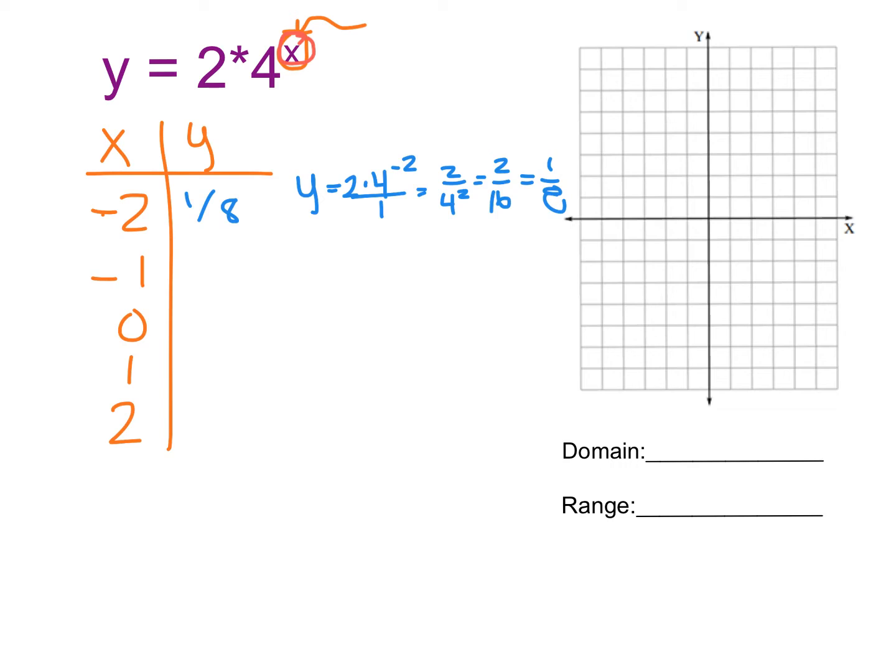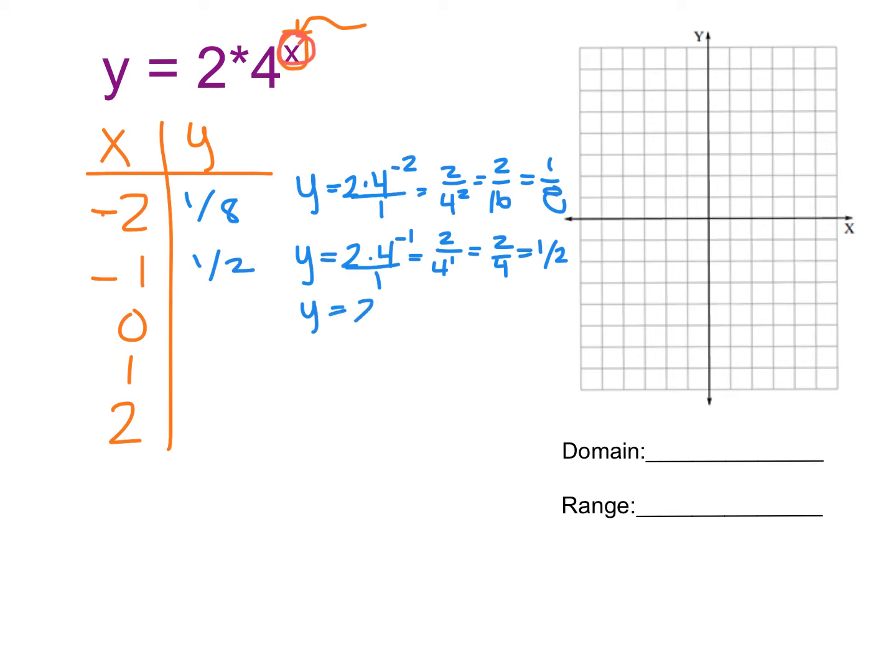So when x is -2, y is 1/8. Then if I move on to the next one, y equals 2 times 4 to the power of -1. Well, I can flip that into the denominator to get 2 over 4 to the power of 1, which is 2 over 4, which is 1/2.